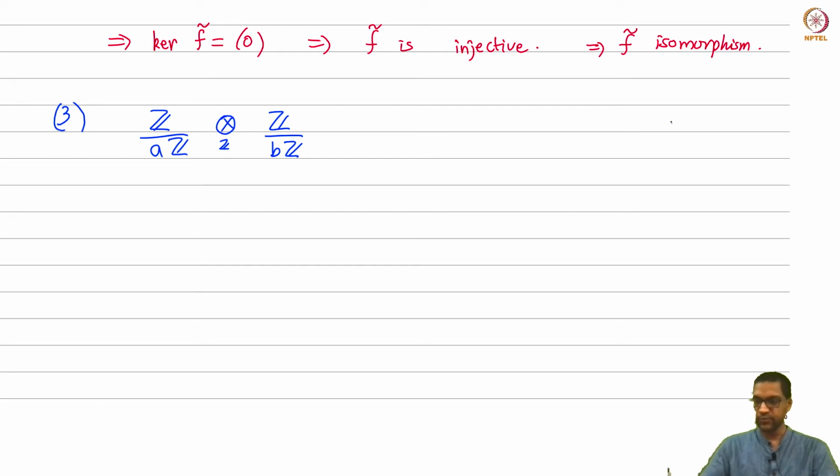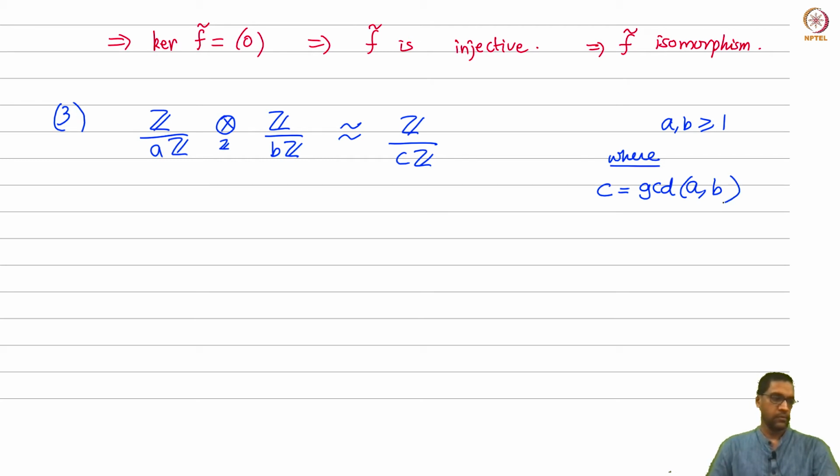So I can always assume they are positive numbers. Then I claim that this is again a cyclic group Z mod CZ, where C is just the GCD of A and B. Okay, so let's prove this.